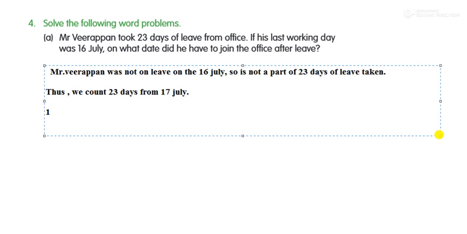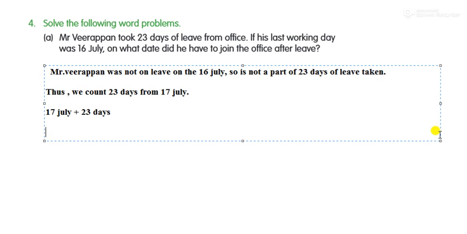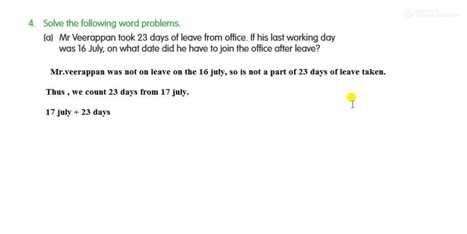So here, 17th July plus 23 days. So in July, how many days? July has 31 days.